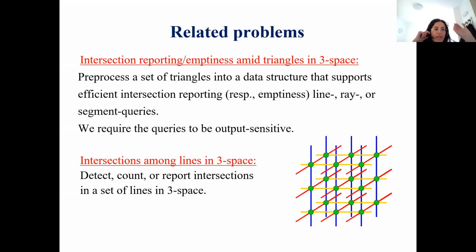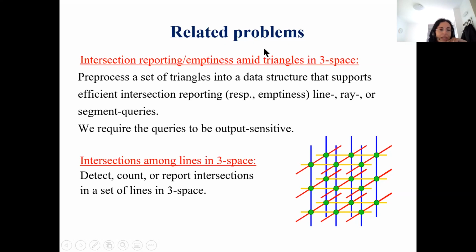Given, say, a segment query, you would like to decide whether it intersects any of the triangles. This is called emptiness. Or alternatively, you would like to report the subset of the triangles that it intersects. And in this case, we also require that the query time be output sensitive. Usually the query time is a small overhead term plus the output size.